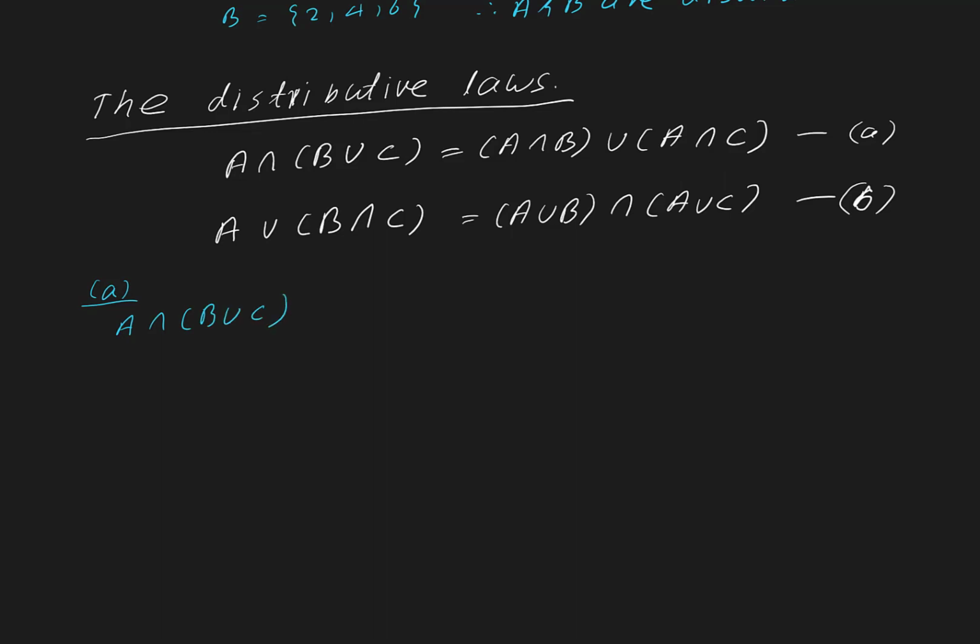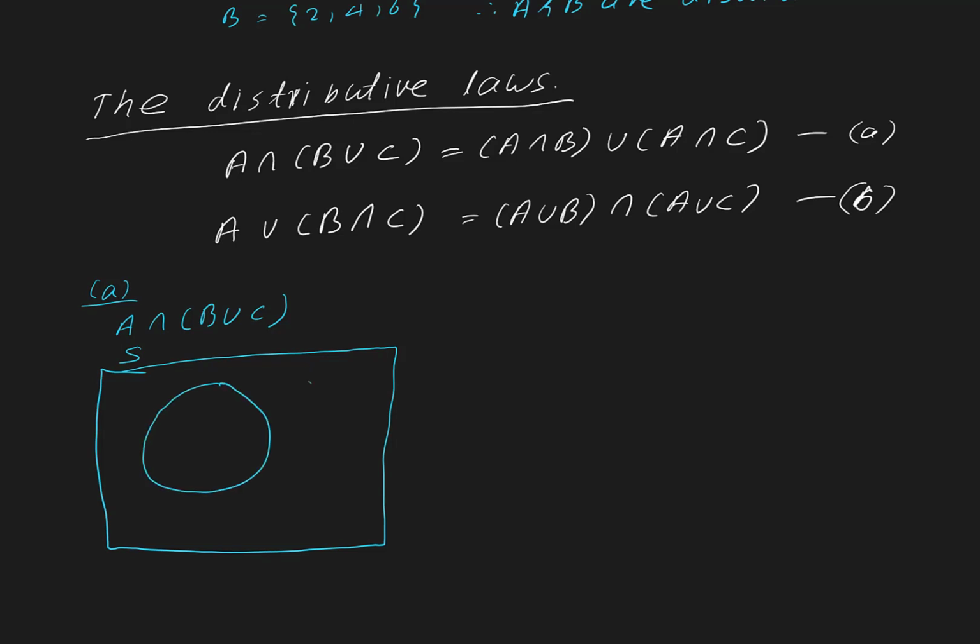Let me explain this. There are 3 sets, so again we need S and 3 circles A, B, C. First, B union C. B union C is all the elements in B and C, or both B and C, right?